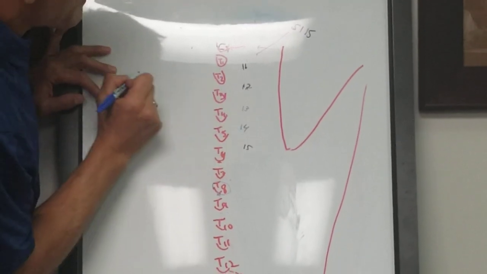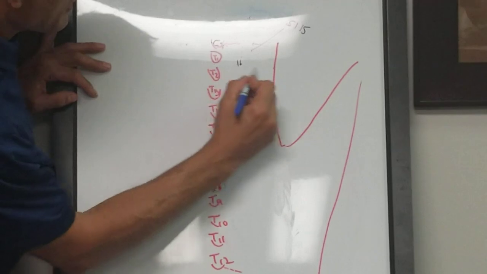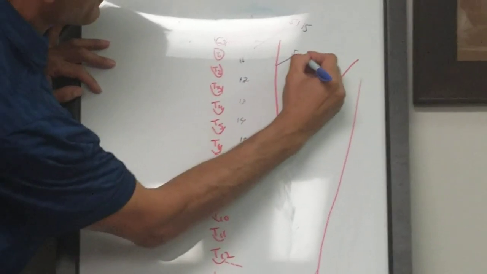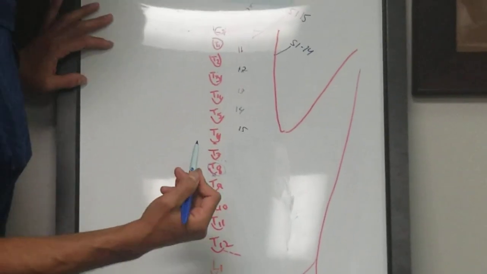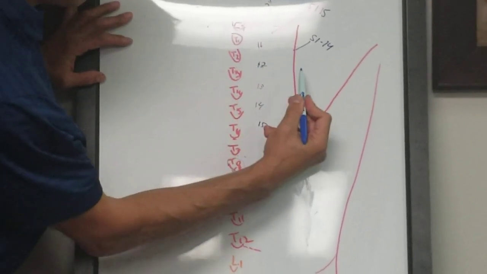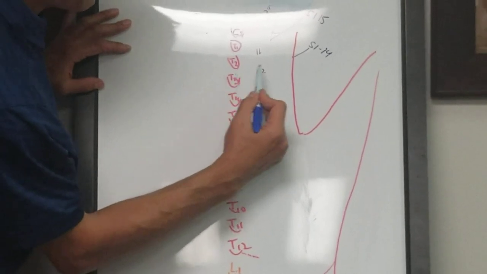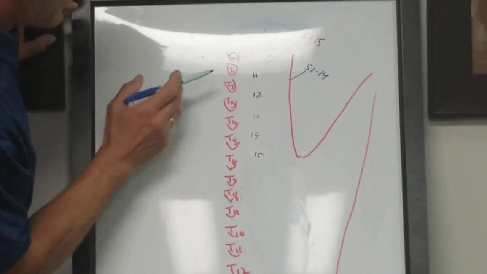And on the level of T1, 3 cun out is actually small intestine 14. So that's explaining why the urinary bladder channel actually starts level with the outer bladder line, level with T2 instead of T1. So let's rewind.